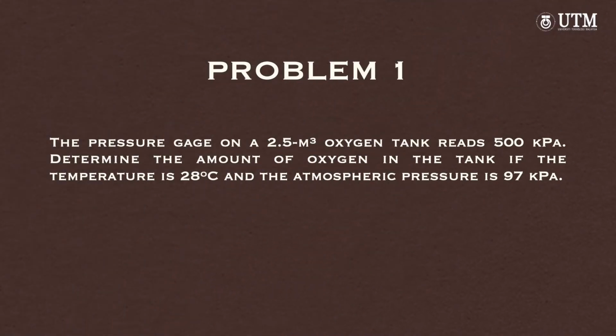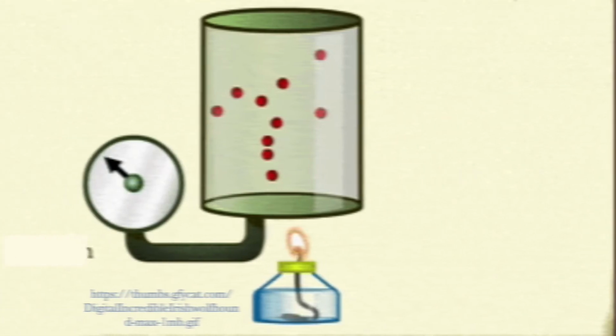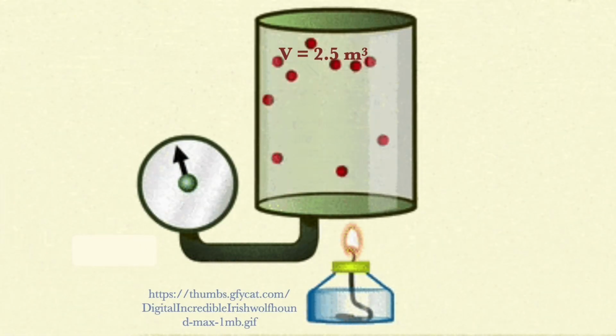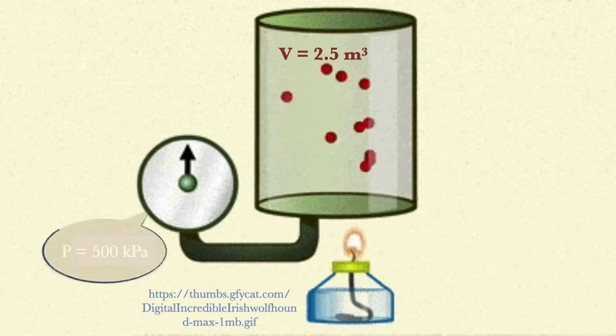Problem 1 provides pressure and temperature of oxygen gas in a storage tank. Based on this problem, the mass of oxygen in the tank is to be determined.